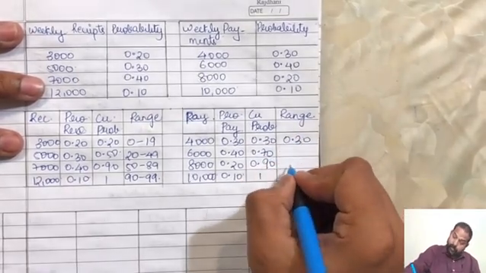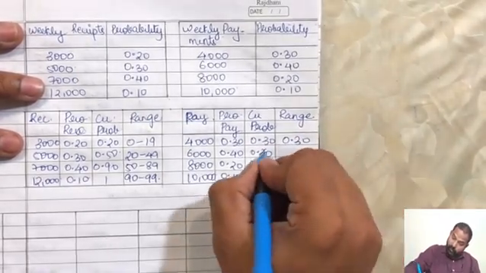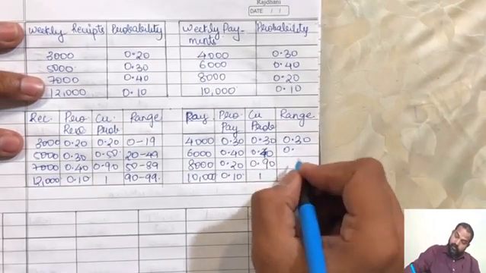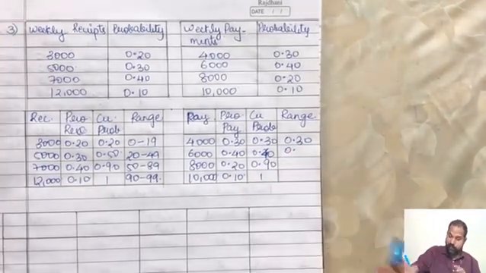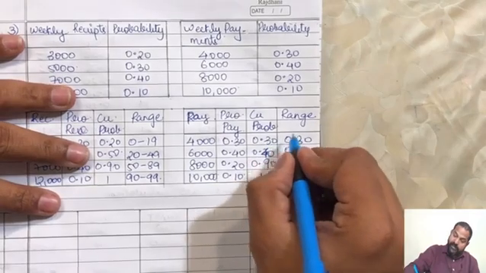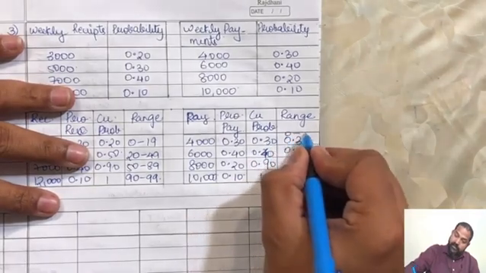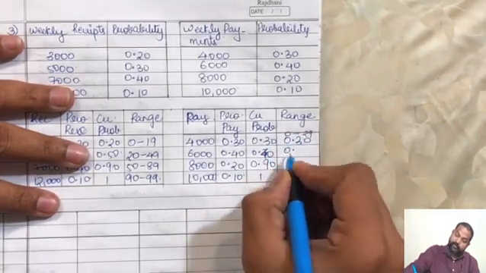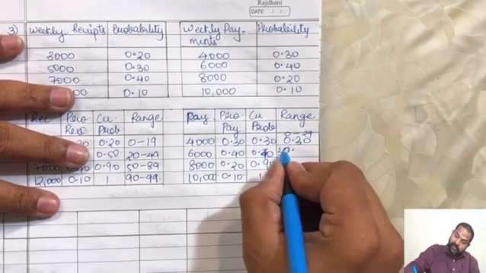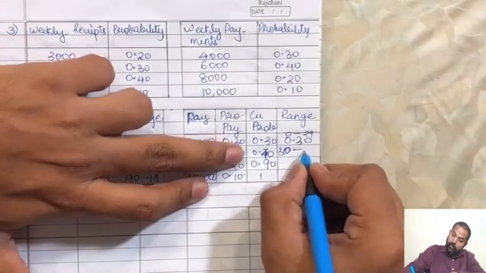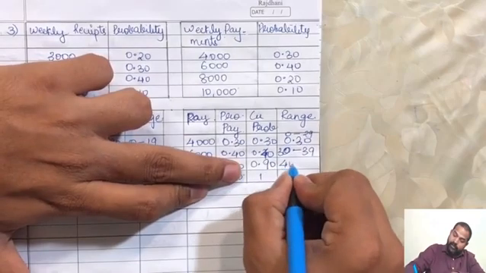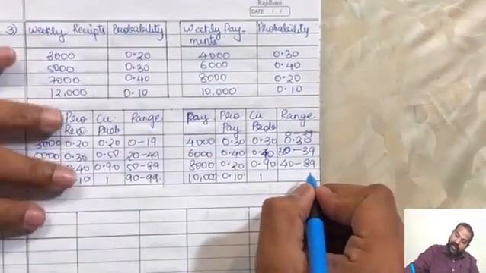Sorry, I think I made a mistake somewhere. This is basically 30, so this is 0 to 29, correct? Then this is 30 to 39. Then this is 40 to 89.